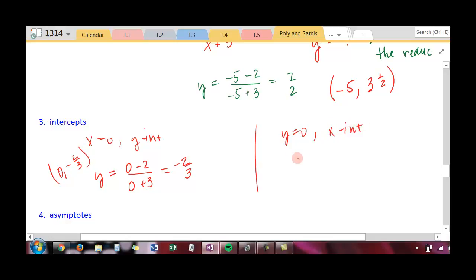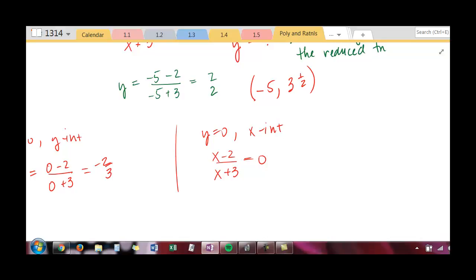In other words, we're going to take my reduced function, which was x minus 2 divided by x plus 3, set it equal to 0, and solve. If you've noticed the pattern forming here, when I cross multiply to get rid of the denominator, every single time it ends up being the numerator equal to 0 when we are finding this intercept.